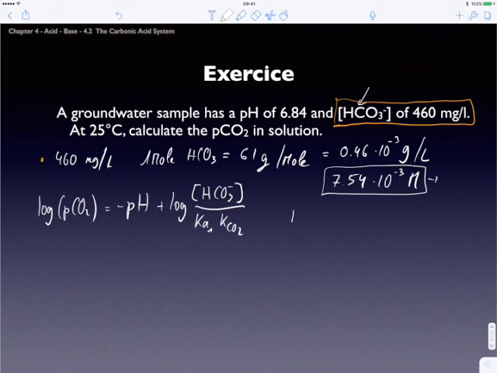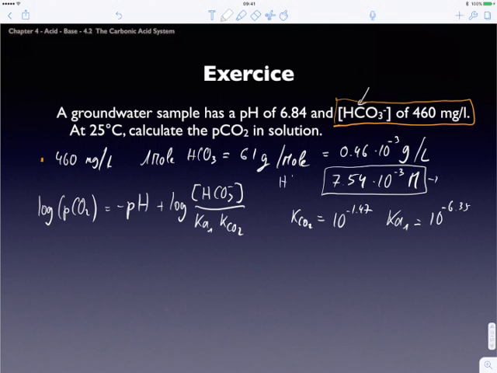You know that the KCO2 from literature from previous slide is equal to 10 to the power of minus 1.47, and that the Ka1 at 25 degrees, pure water, 1 atmosphere, equals 10 to the power of minus 6.35. So that's what we know. We just calculate.